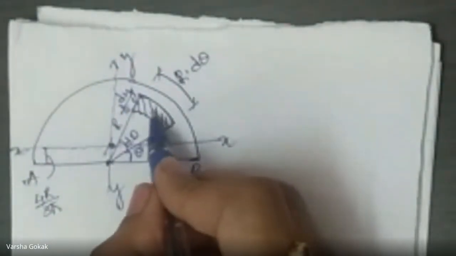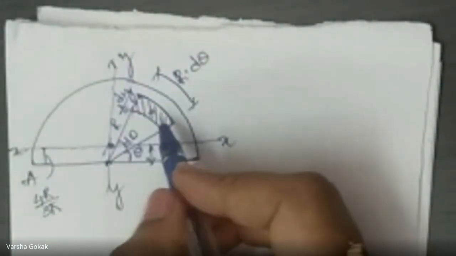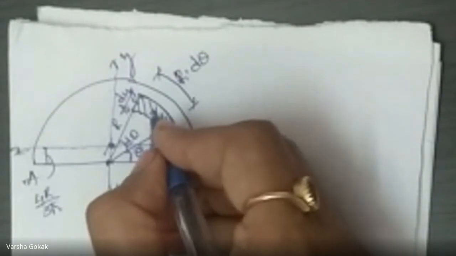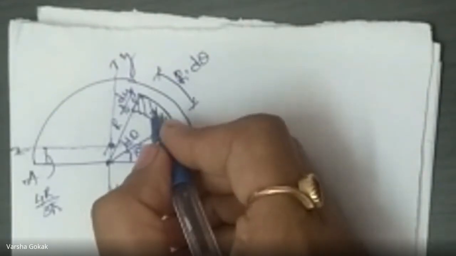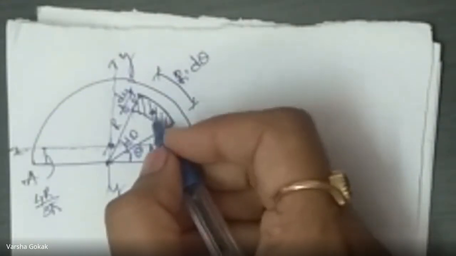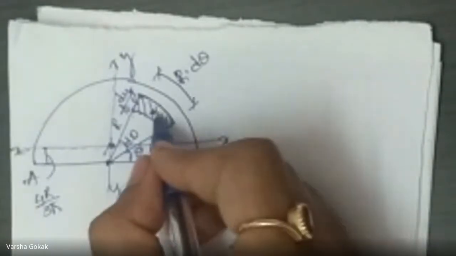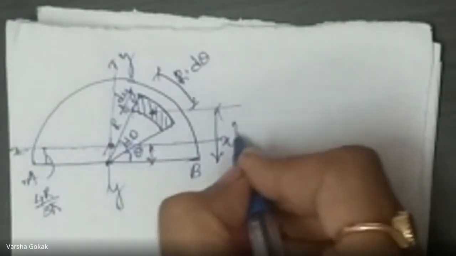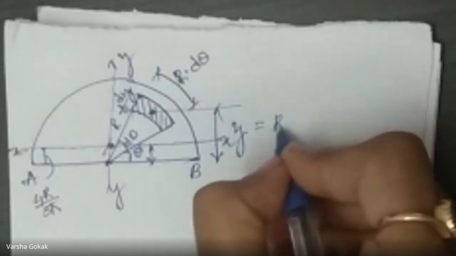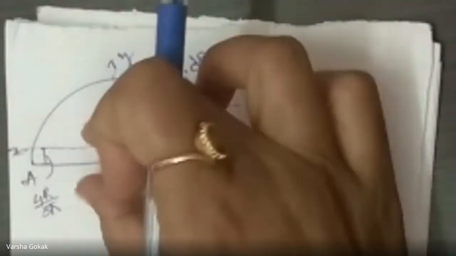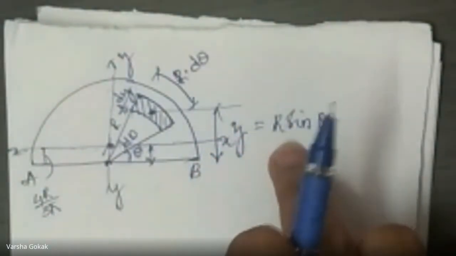Then height I want. So this sector looks like a triangle. We'll assume it's like a triangle. And this is the CG. CG of a triangle is at 1/3 of base. From the base, 1/3. So somewhere here. So this distance is going to be my y, whose value is r sine theta. Okay, I will be making use of this. So this height is going to be y, which is called as r sine theta.